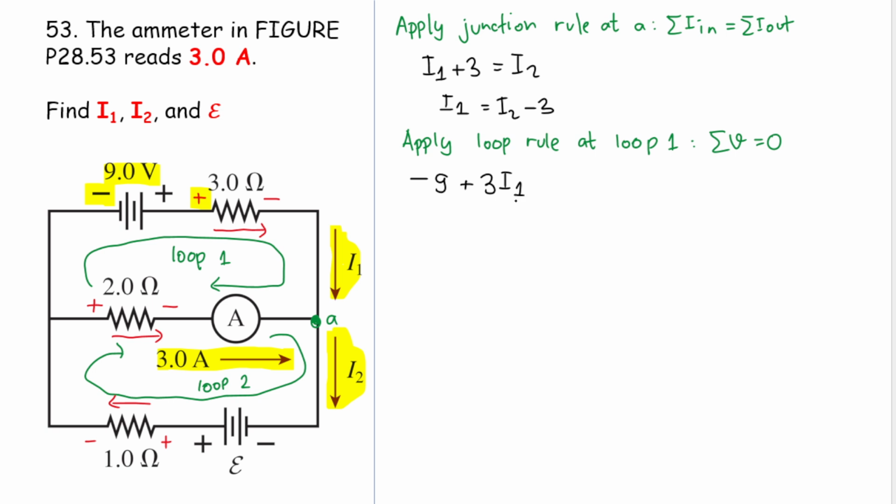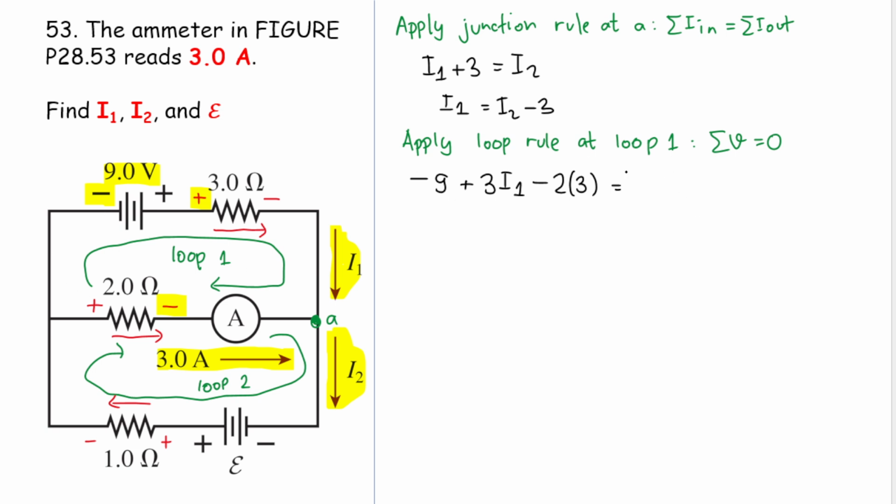Good. Now let's do one more component. It goes here, and the loop enters from the negative terminal, so I will have a minus sign. Then I will have 2 ohm multiplied by the current that passes through this 2 ohm resistor, which is 3 ampere. So I will have 2 multiplied by 3. Then all of that will equal 0, because the loop goes back into this battery.